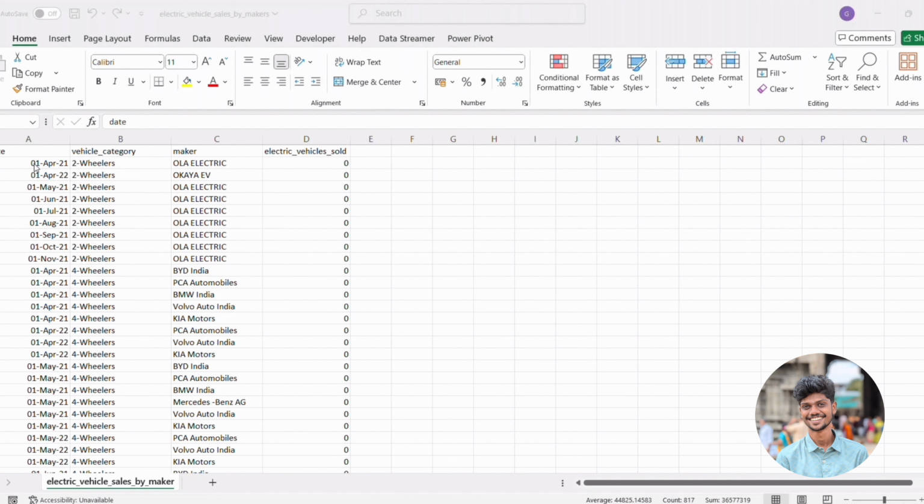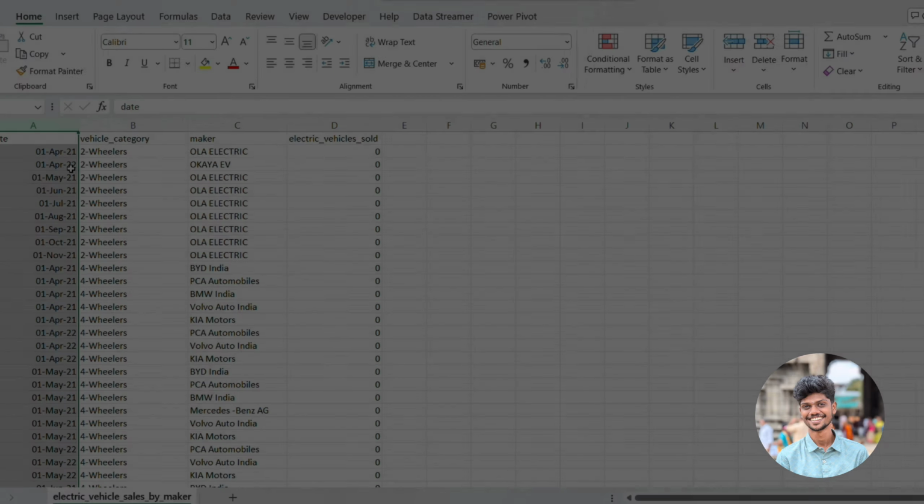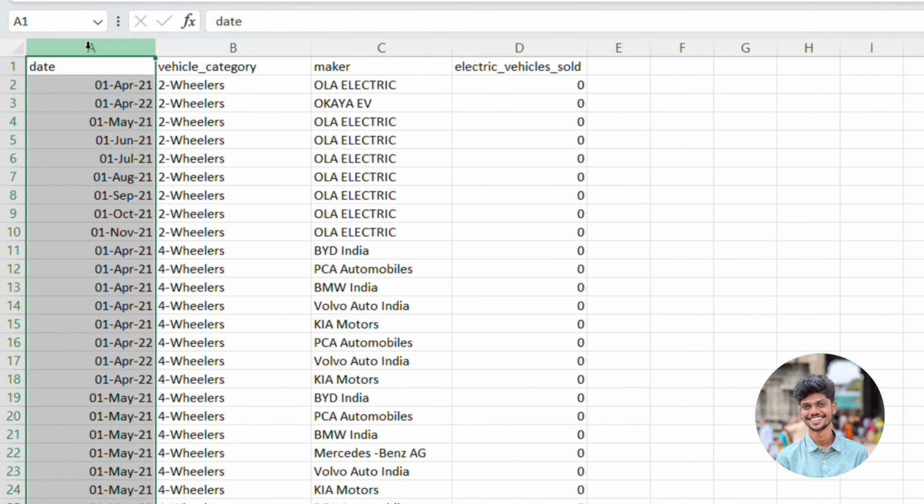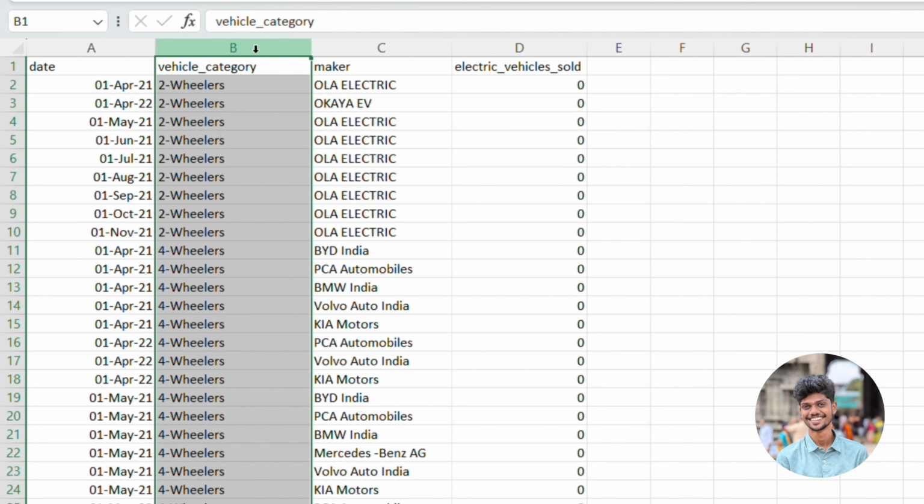This table shows us the number of electric vehicles sold by each manufacturer or brand, broken down by month and by vehicle category. Just like before, this is the date when the sales were recorded, on a monthly basis. Again, this helps us understand whether a vehicle is a two-wheeler or a four-wheeler, and helps us compare makers in both segments.